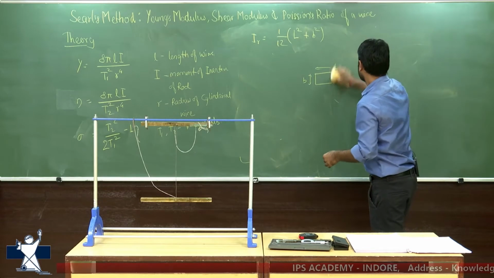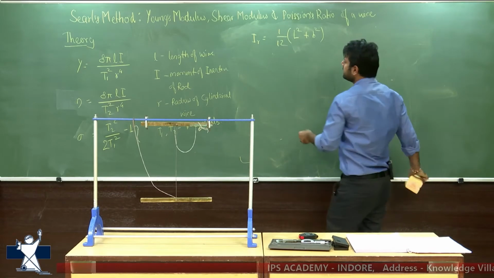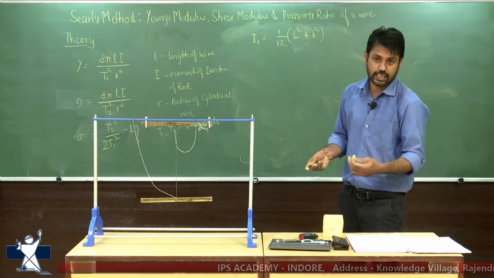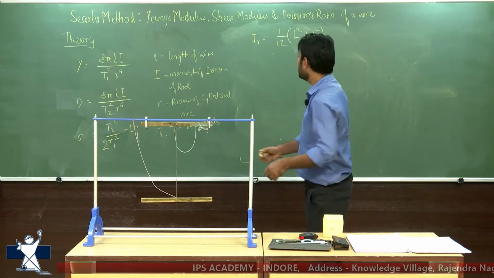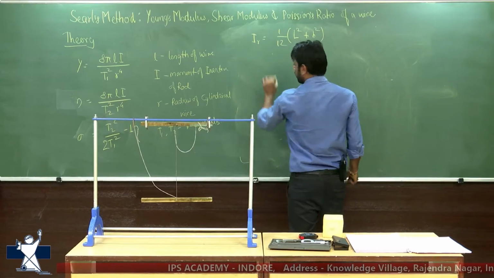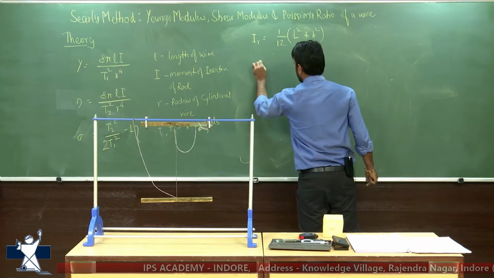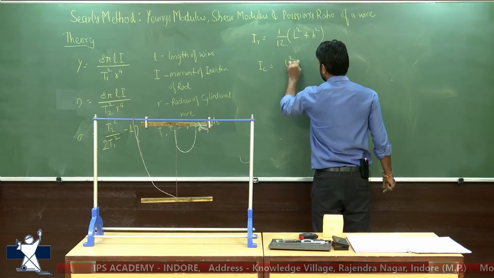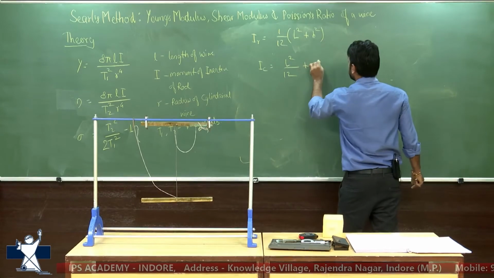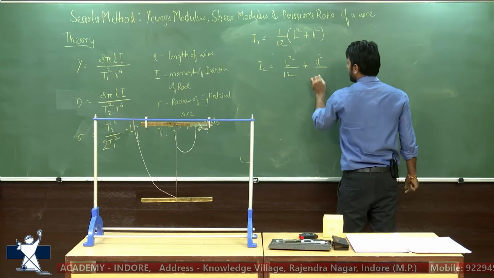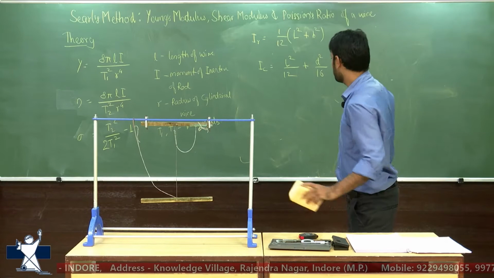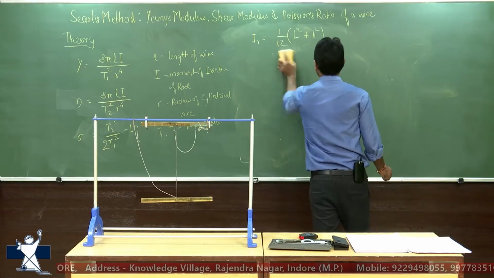Next, if instead of this rectangular rod we had cylindrical rods, then the formula will change. For a cylindrical rod, the formula will be L square by 12 plus diameter D square by 16. But we don't have cylindrical rods here, so we are going to skip this formula.